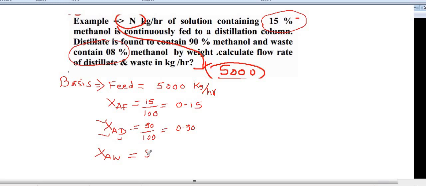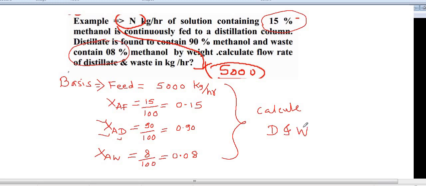Therefore, 8% divided by 100, so that we get here fraction of methanol in waste as 0.08. So in this problem they have given these four quantities, and we have to calculate D and W, that is, the flow rate of distillate and waste.